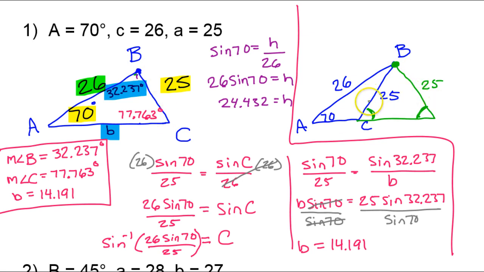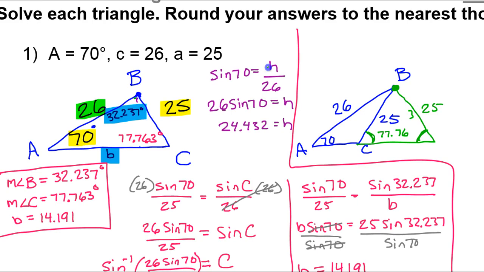So these two sides are the same length, 25 and 25. That means these two base angles are the same. Both of these are 77.763.